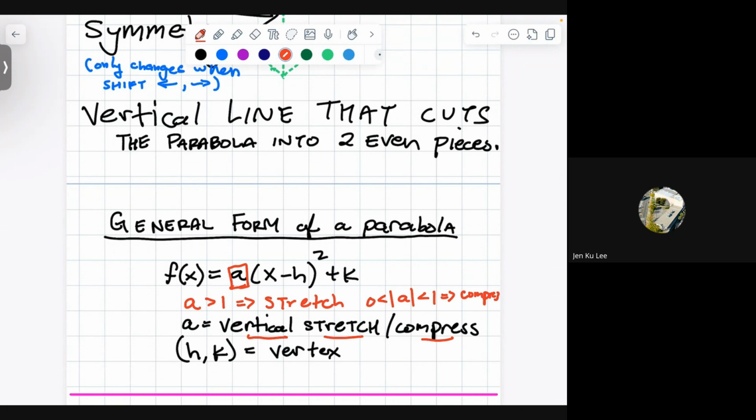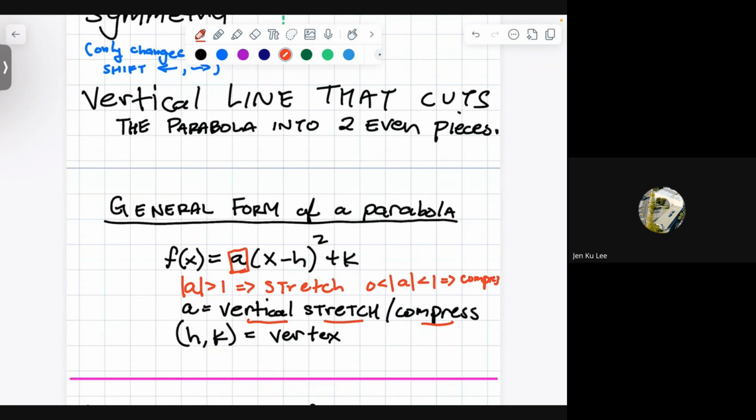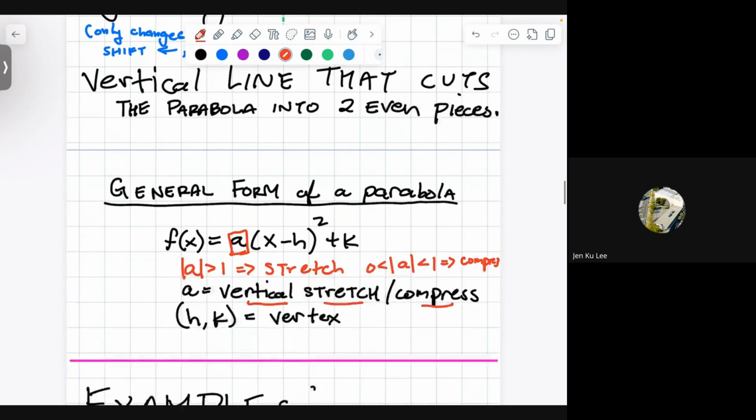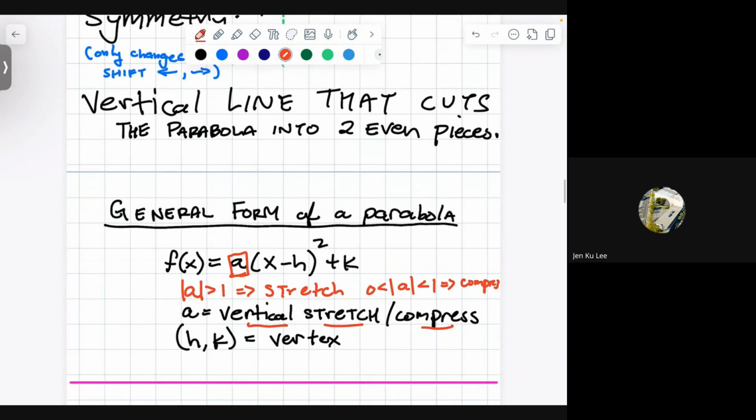If the absolute value of a is greater than 1, it's a stretch. If the absolute value of a is between 0 and 1, then it's a compress. You'll figure that out later as we do examples.